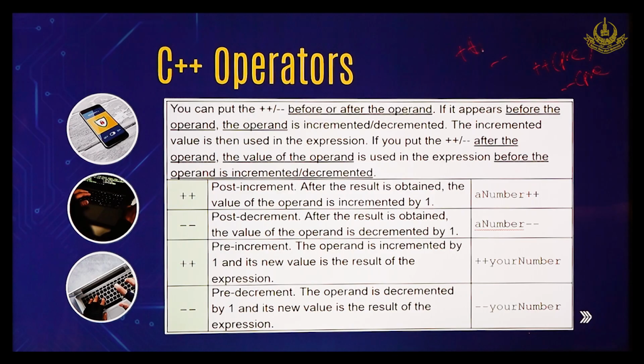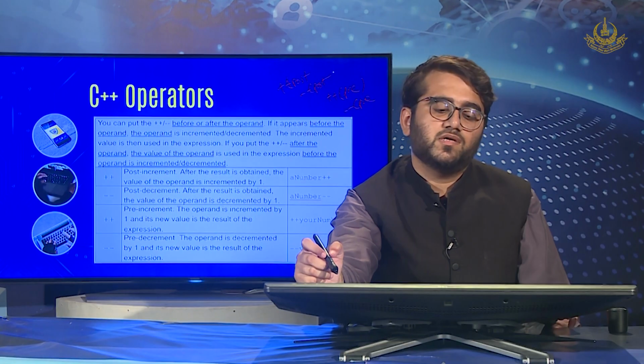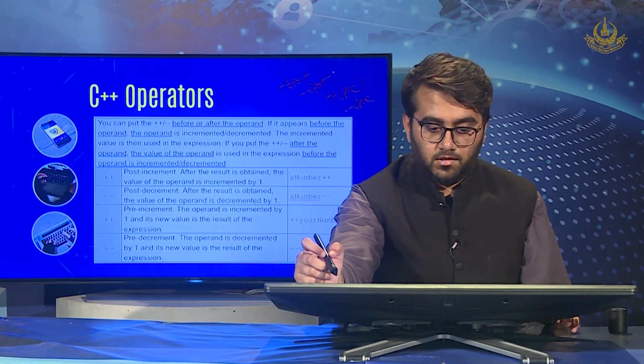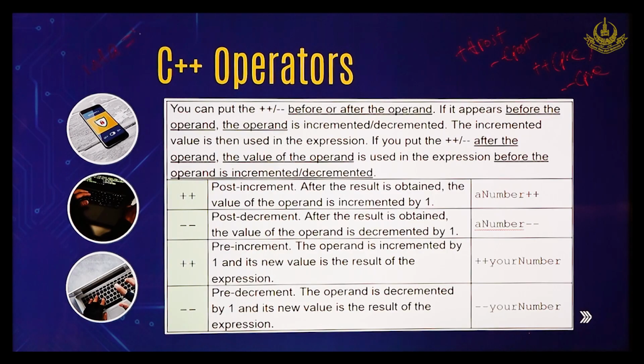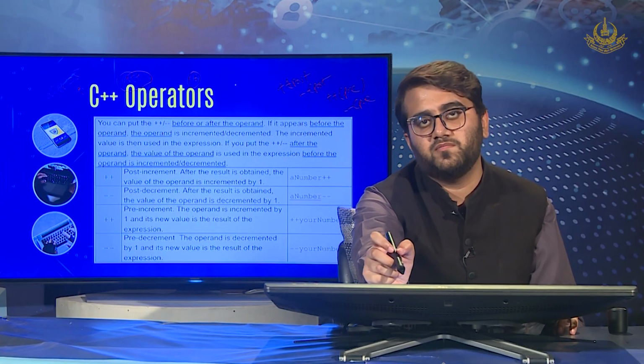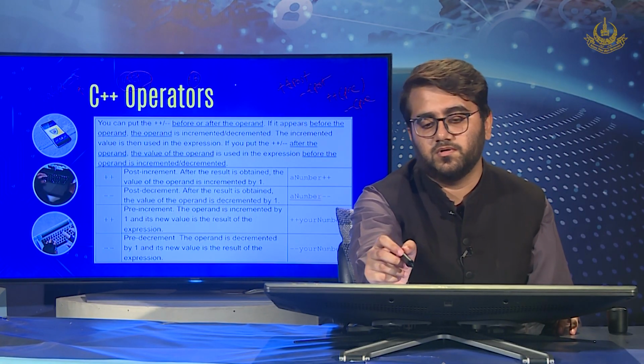What does it mean to have post increment, pre increment, post decrement and pre decrement? Whenever you have declared a variable int a equal to 5 and then you use post increment, if you try to print this variable, it will first print the value, which is 5, and then change the value to 6. It is adding 1 to that particular variable.